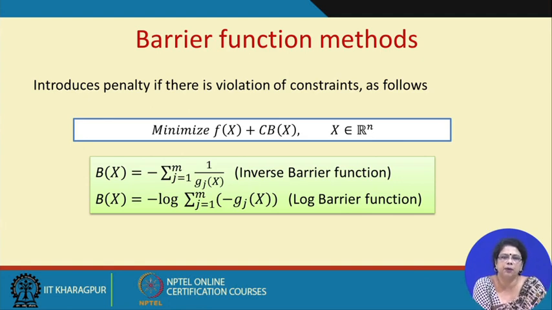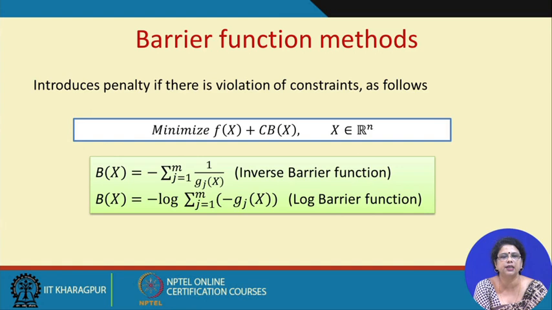Now, if you remember, I was explaining one problem: minimization of f(x) equal to x, subject to x greater than or equal to 5. If I write it in the form g(x) less than or equal to 0, it becomes 5 minus x less than or equal to 0.